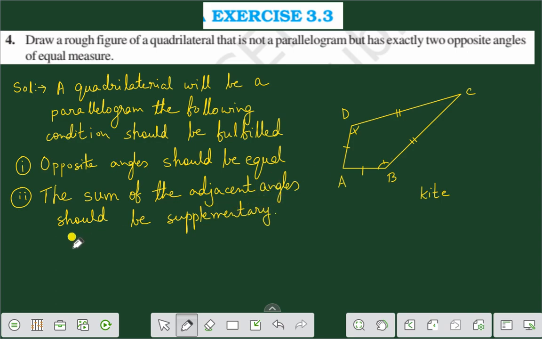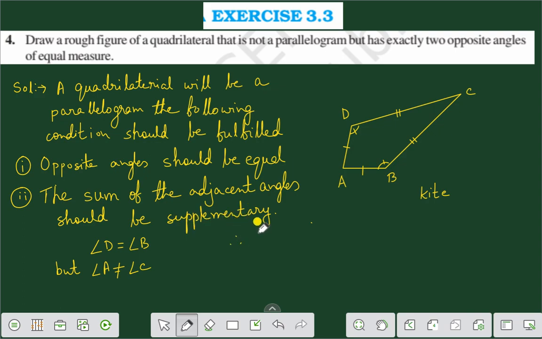But here in this case, you see that angle D is equal to angle B, but angle A is not equal to angle C. This angle is not equal to this angle. Therefore, this quadrilateral is not a parallelogram.